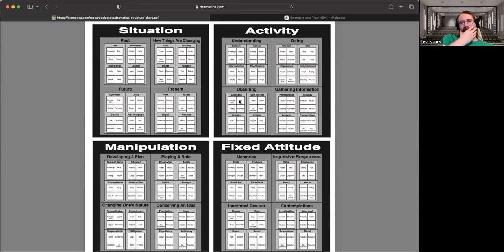Again, I don't know if the side characters are really as concerned with developing a plan, playing a role. I don't think so. The cop just goes and shoots that carousel guy. So a lot of the manipulation stuff seems like it fits a little bit more in what they're both doing with each other, but I don't know. It's a little hard.